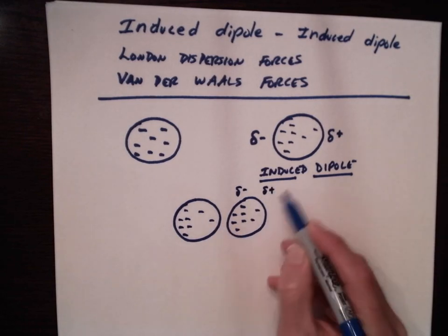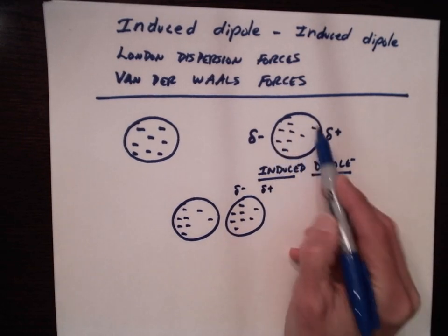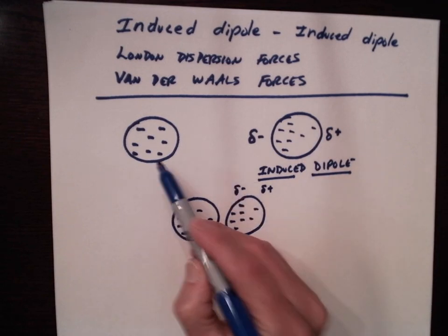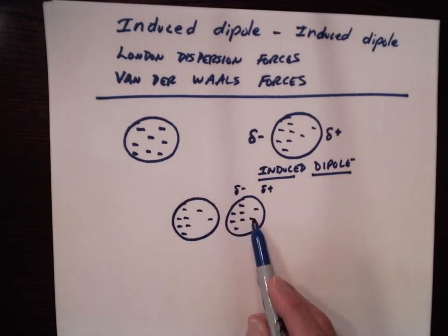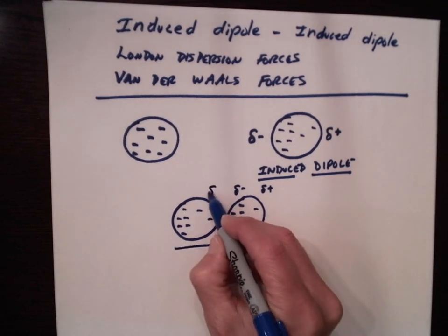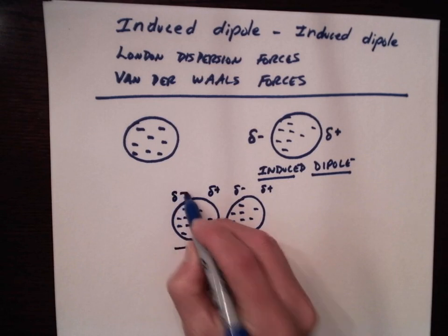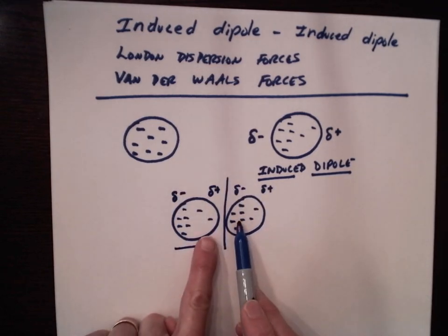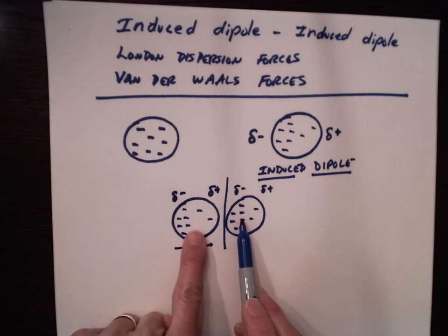And now, because this induced dipole has moved closer to this nonpolar entity, we see that this induced dipole has induced a dipole over here. So we make this partially positive and partially negative. And so we see that now this induced dipole can be somewhat attracted to this induced dipole over here.